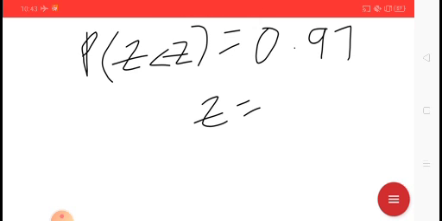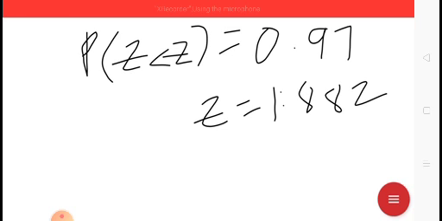I will use 1.882, because 1.881 and 1.882 will be the same values for the probability. So try to get the maximum one. I will use the maximum one, so 1.882.